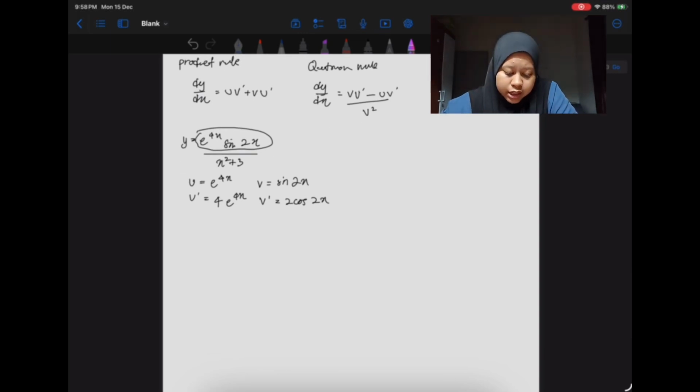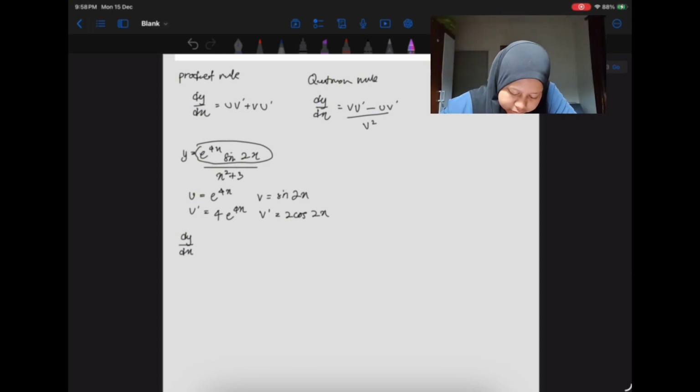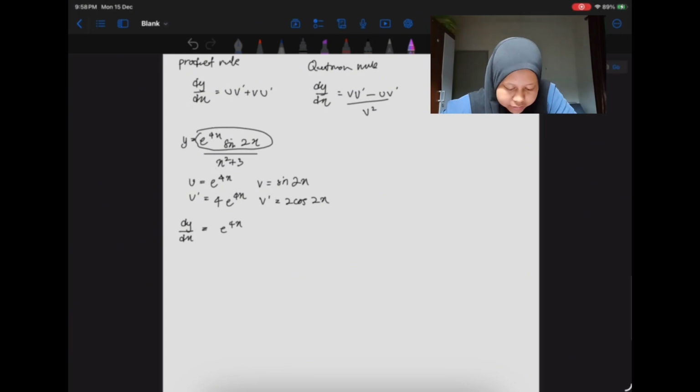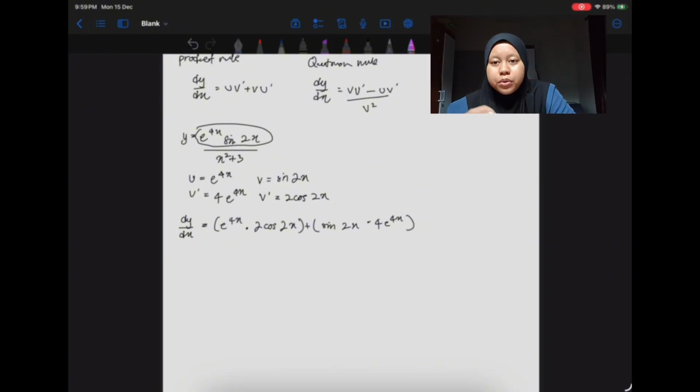We are going to insert all these u, u', v, v' into the product rule, which is dy/dx equals e^(4x) multiplied by 2 cos 2x, plus sin 2x multiplied by 4e^(4x). Then we organize this to make it look better.